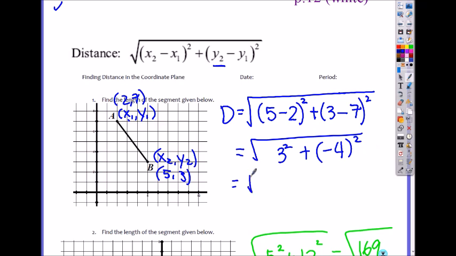That way, you can reduce the chance of making a mistake with negative. So 3 squared is 9. 4 squared is 16. So you have square root of 25, which gives you 5.